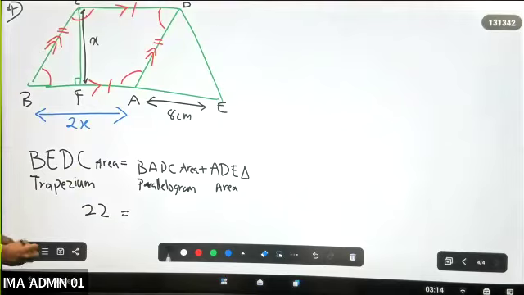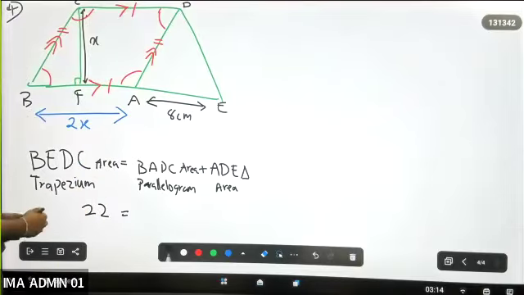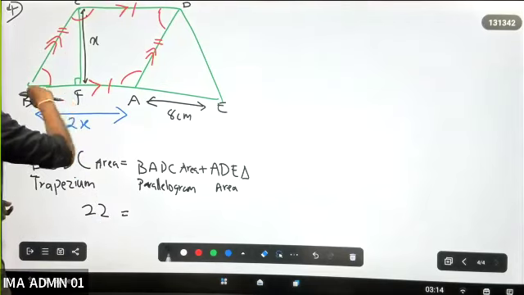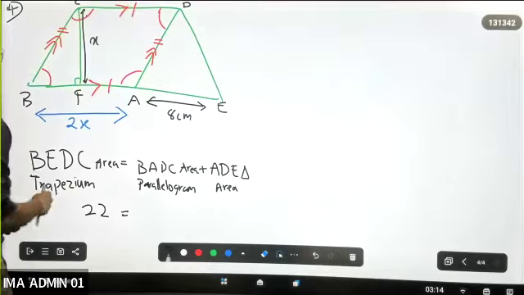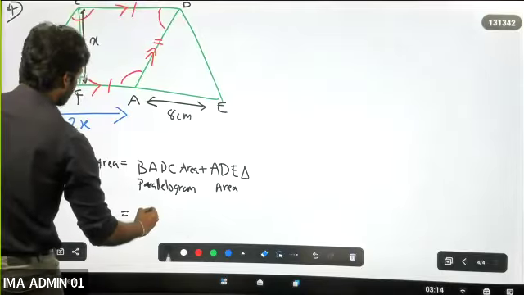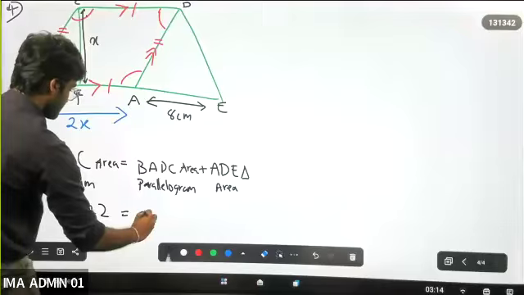BADC area, or this parallelogram area. How to find the area of a parallelogram? We have to multiply either side by its perpendicular length, which is x.